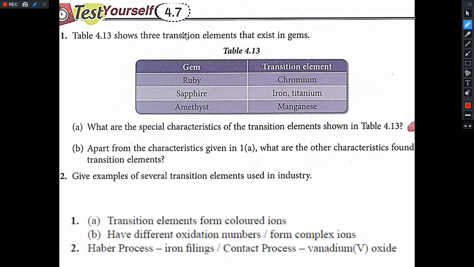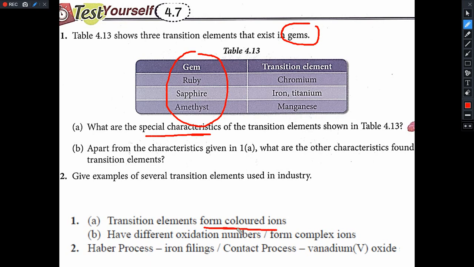This table 4.13 shows the transition elements that exist in gems, with different colors, ruby, all these gems have different colors. So what is the special characteristic of transition elements shown in table 4.13? Yes, they can form color ions.